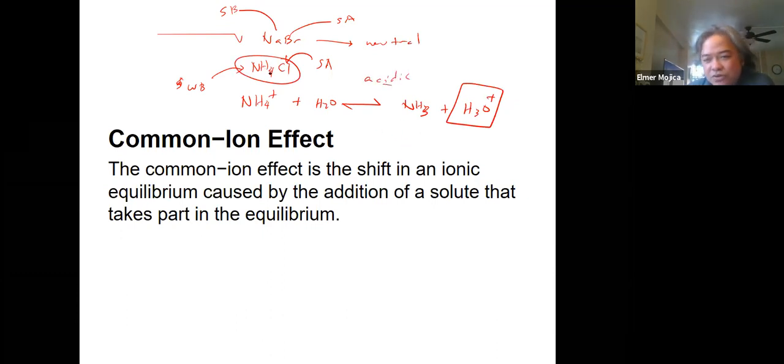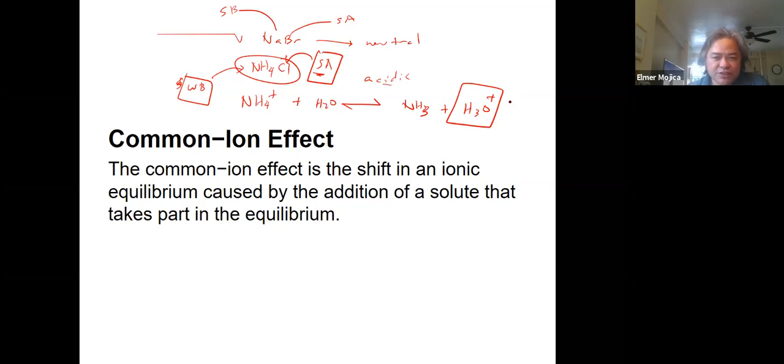Or, the way I asked you to do it, since this one came from a strong acid and this one came from a weak base, the resulting salt will be acidic. So you're going to be asked the question: which of the following salts will be acidic, basic, or neutral? Those are the types of questions that you're going to do.